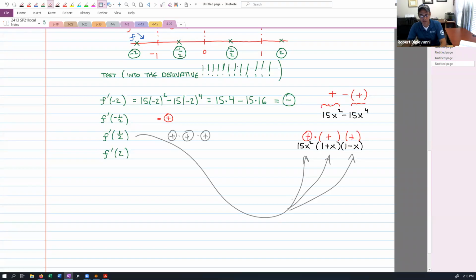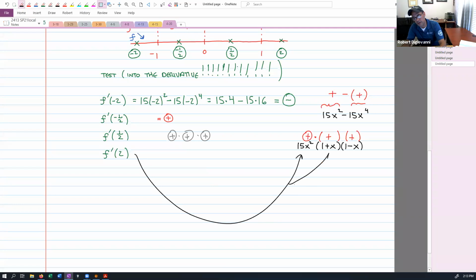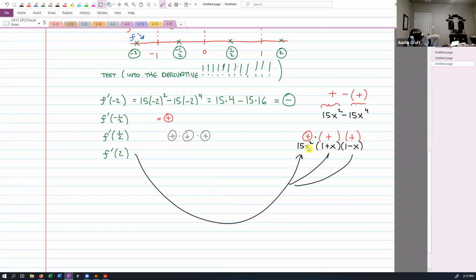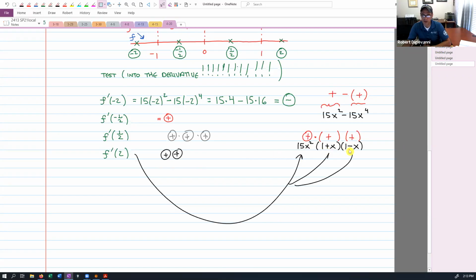Let's just do the last one since we're getting through these. Let's plug 2 into here, here, and here. So when we plug 2 in here, we get positive. 2 right here, positive, and then 2 right here, negative. Okay, so that's the first time it switched.